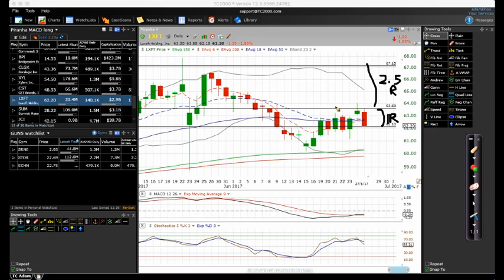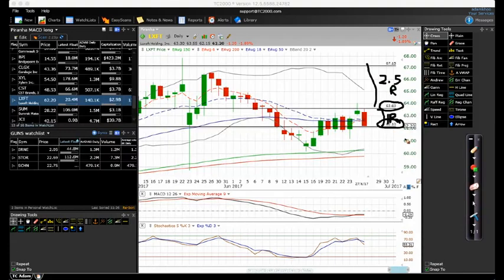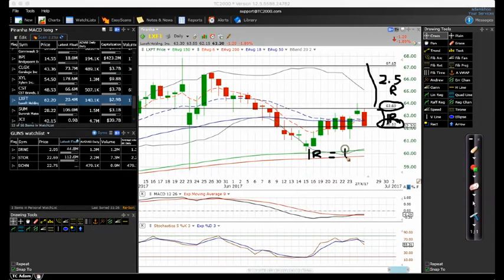So again, we'll place a buy stop limit order at 63.60. Stop loss at 62.10. Yeah, and where's my target price? Let's do a calculation. So what's 1R? 1R would be the risk per trade. So that's 63.60 minus 62.10. So that's $1.50 risk per trade.